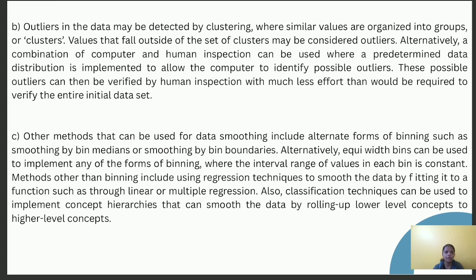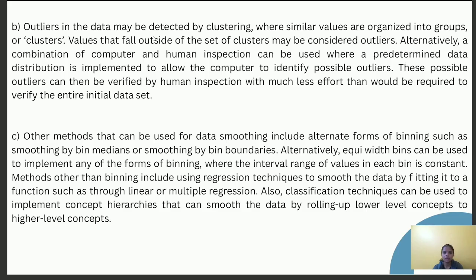Now in B part, the outliers in the data may be detected by clustering, where similar values are organized into groups or clusters. Values that fall outside of the set of clusters may be considered as outliers.